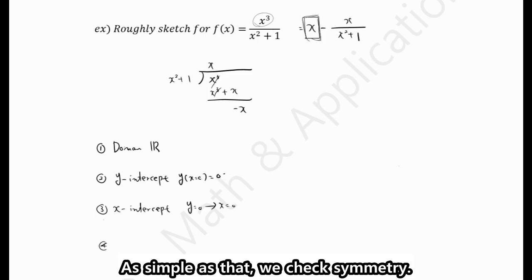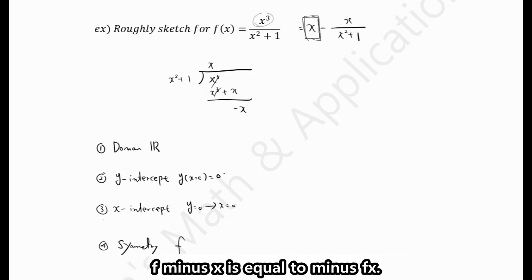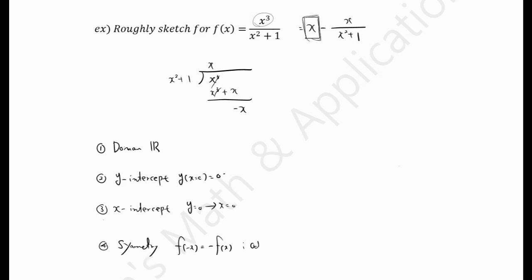Then we check symmetry. f(-x) is equal to -f(x), so this is an odd function.